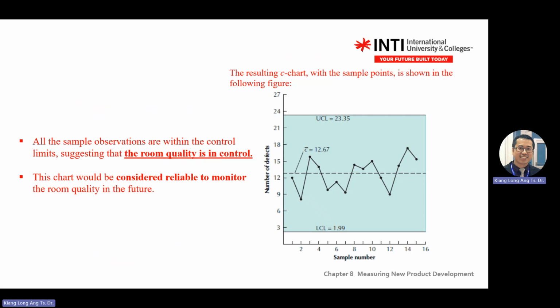How do you monitor? You only say monitor when the data is in control. In project management, when you use the word monitor, it means your data are good, stable, and in control.